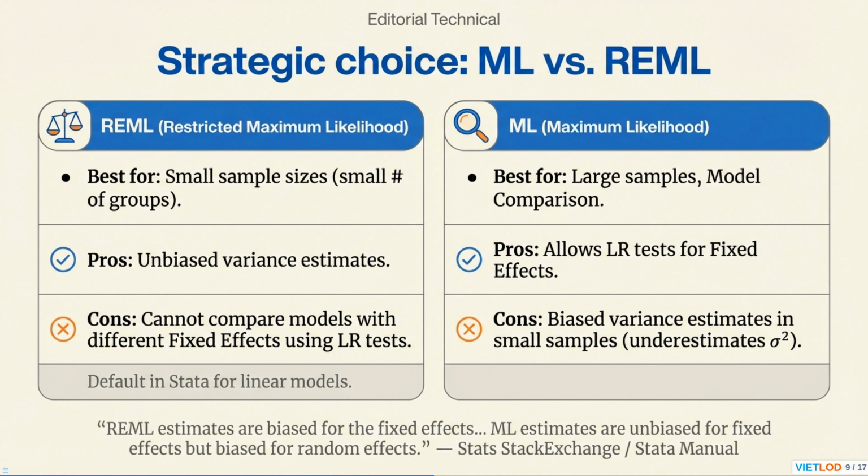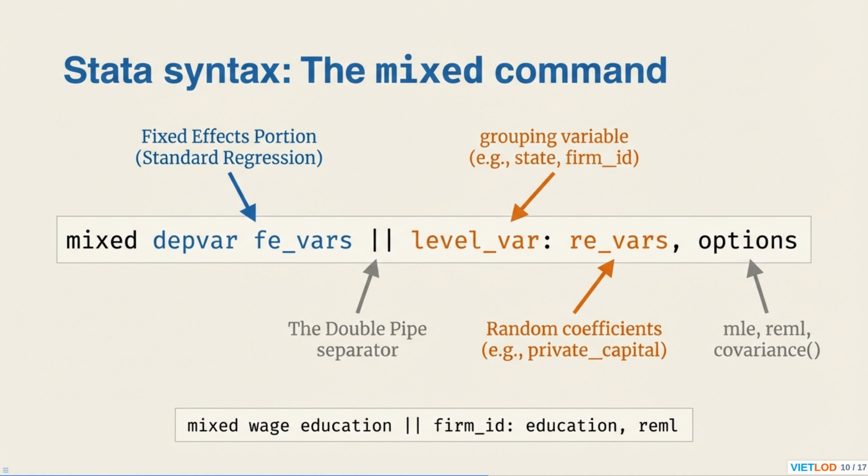However, a key limitation is that you cannot use likelihood ratio tests to compare models that have different fixed effects.